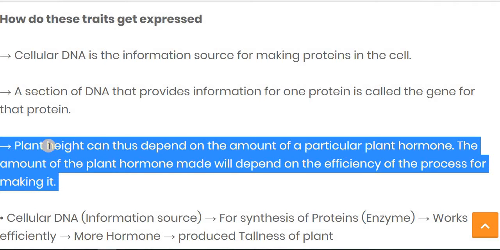Means for the plant height, the plant hormone is responsible, and this plant hormone is a protein in nature, and for that a particular gene is responsible, and according to how efficient it is, the secretion of the hormone occurs.